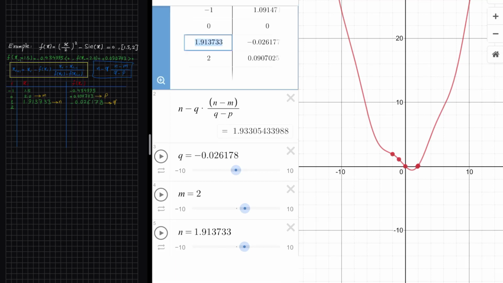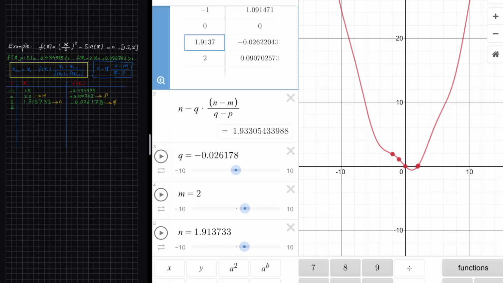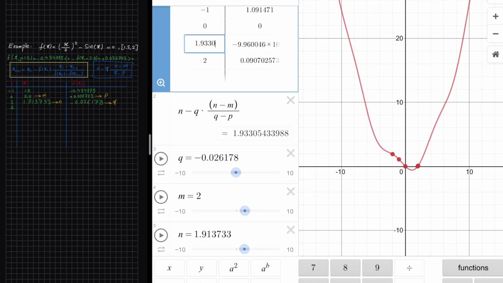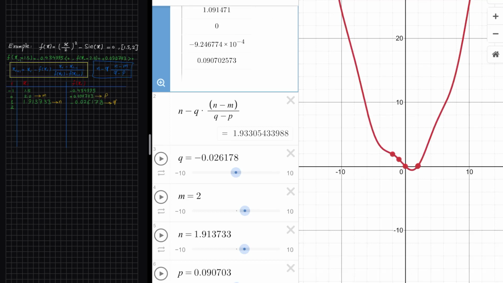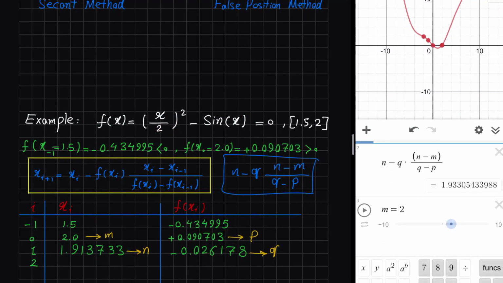And if we put that value here in the table to get the new f(xi), 1.933054, it gives us minus 0.000924. Okay, so we put these values in the table. Let's do that.